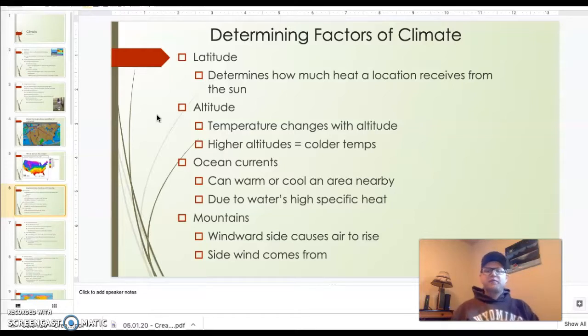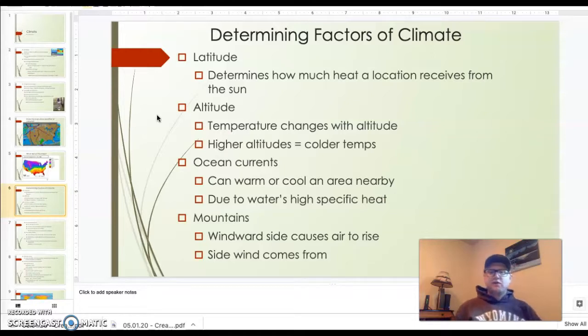And as you go up that mountain, it can get really cold really fast, right? That's why mountains in Wyoming still have lots and lots of snow, because it gets colder as you go up in altitude. And altitude is just how high you are above sea level, right? Zero sea level would be really low altitude, and some mountains in Colorado have 14,000 feet elevation. Well, that would be a higher altitude.